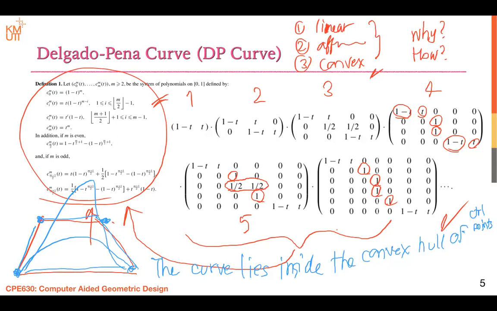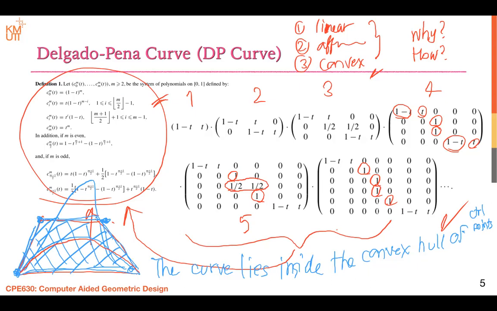It would be better if you can frame the curve inside. We can call this polygon the convex hull of the control points, and the curve lies inside this convex polygon.